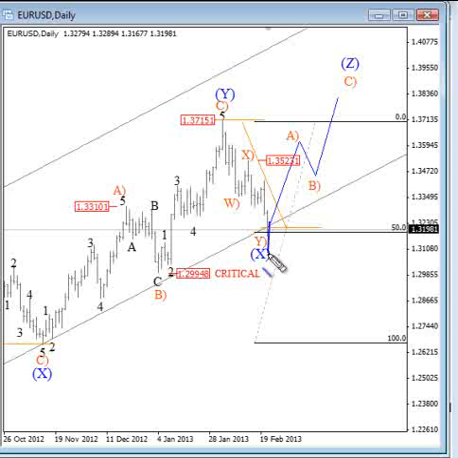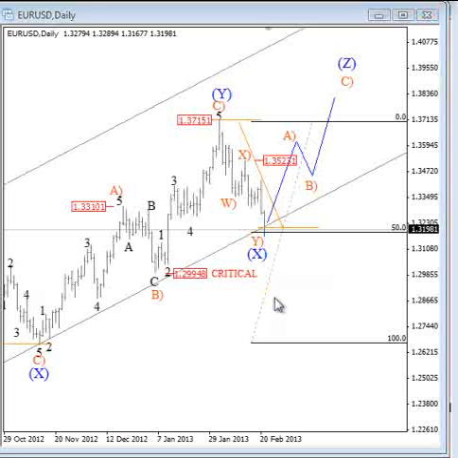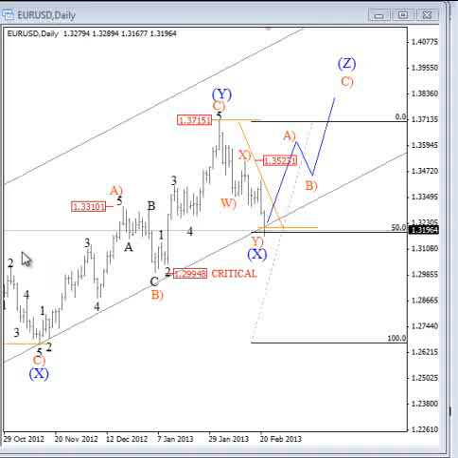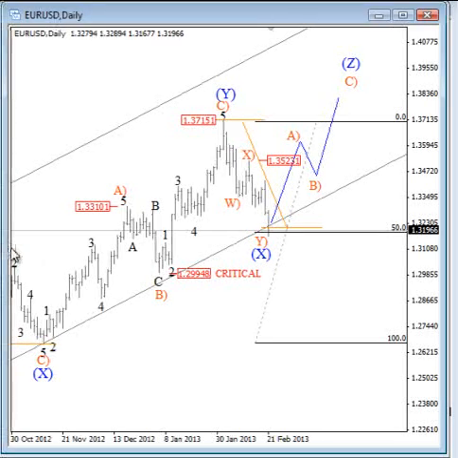If this market simply crashes lower through this critical support, then we will of course adjust the wave count and will probably look for a much weaker euro, and at the same time we will adjust the count on the US dollar index.